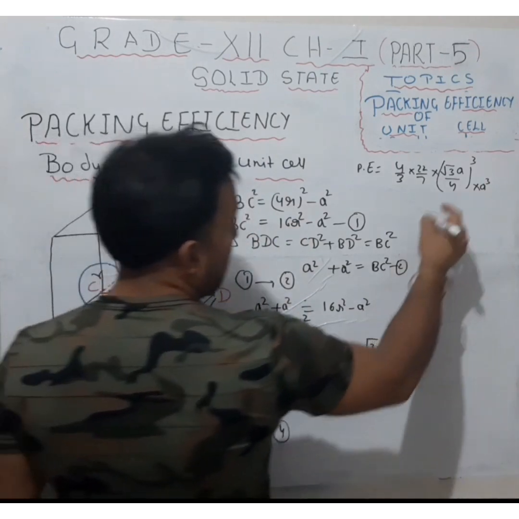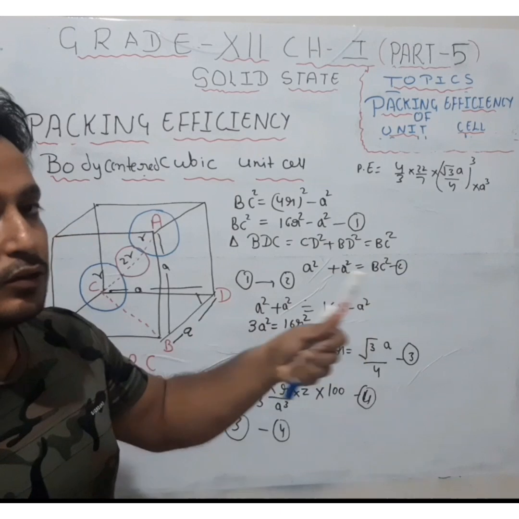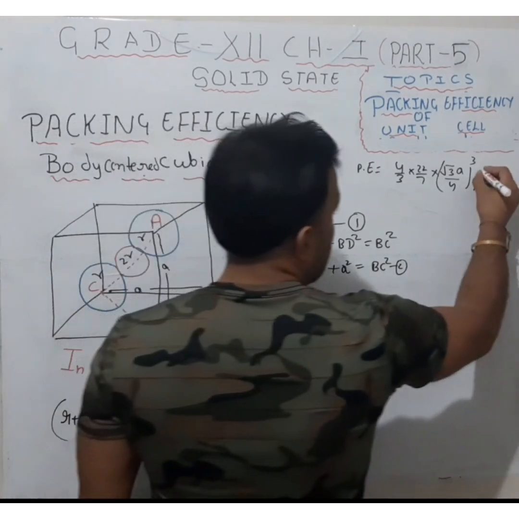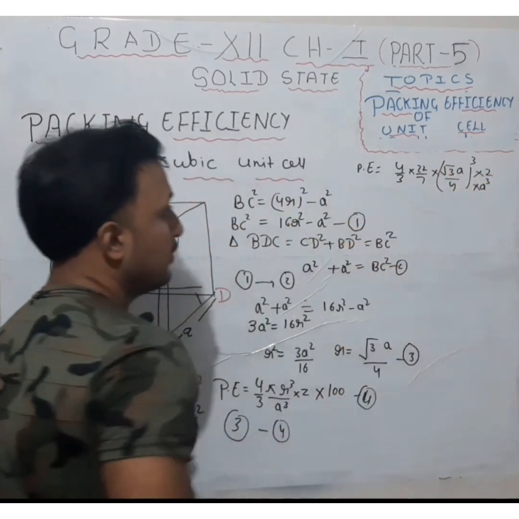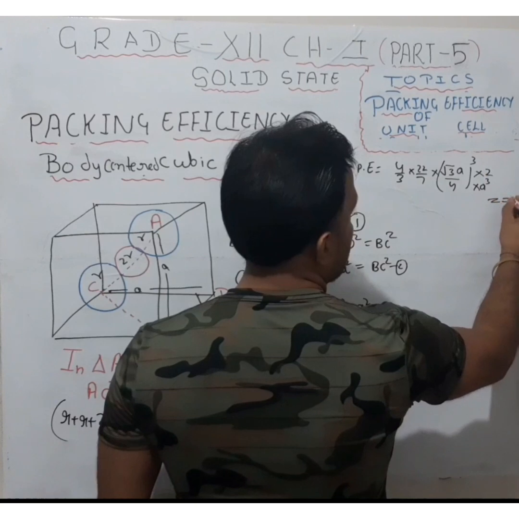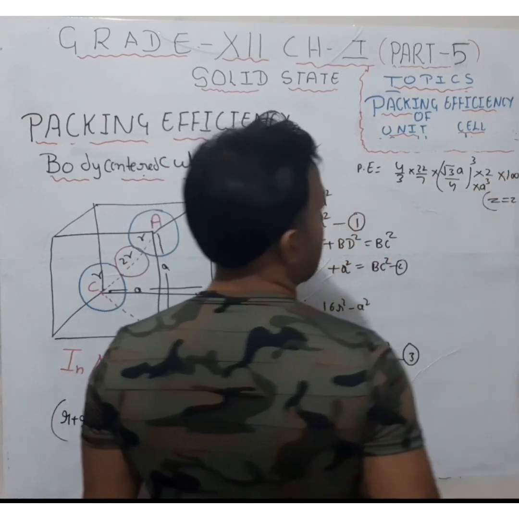And now the value of z: as it is a case of body centered cubic, the number of atoms in body centered cubic is 2. We have already calculated it in the previous video. So the value of z we will use here as 2, and then the whole fraction is again multiplied by 100.